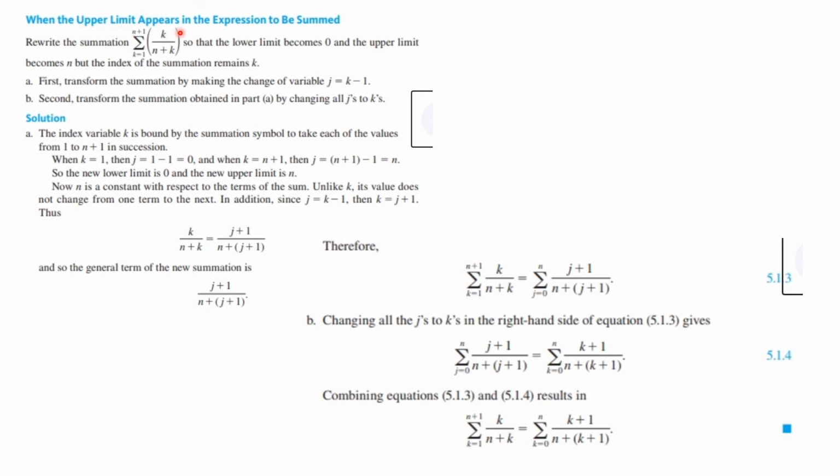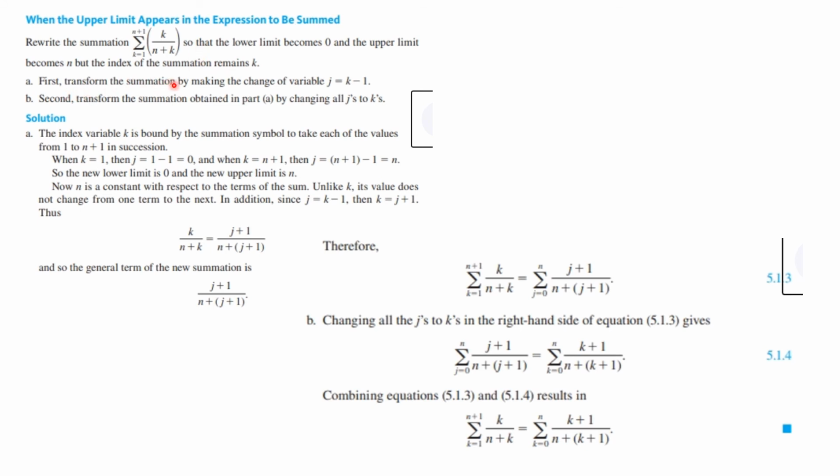Now the upper limit appears in the form of the expression to be summed. So here you see we've got an n inside, but k goes from 1 to n plus 1. In this problem, we're going to rewrite this summation so that the lower limit becomes 0 and the upper limit becomes n, but the index continues to be k.